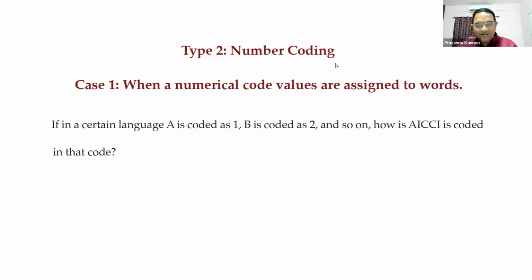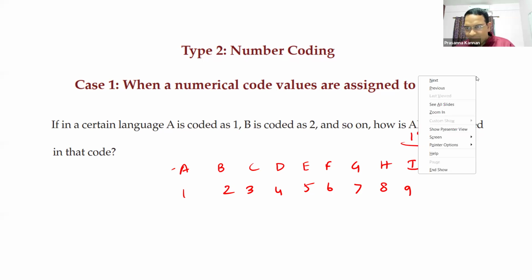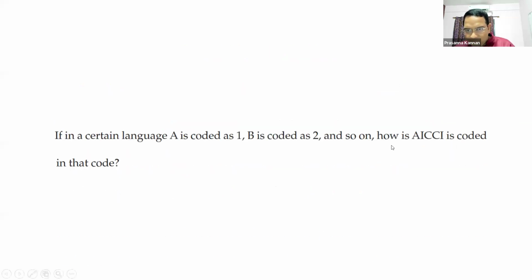Okay. So if you see A, B, C, D, E, F, G, H, I, right? 1, 2, 3, 4, 5, 6, 7, 8, 9, right? So A is coded as 1, I is coded as 9, C is 3, C is 3, and I is 9. Perfect. You're all masters in this.